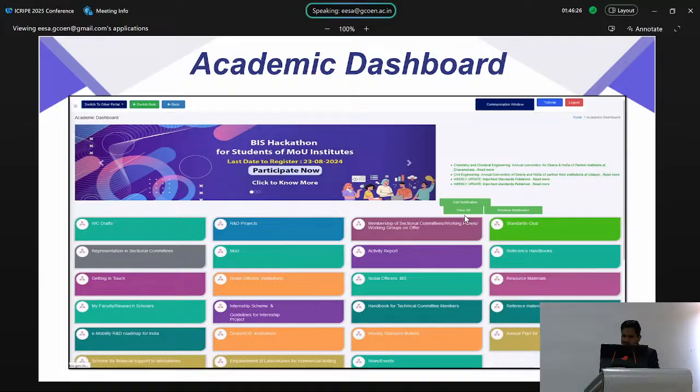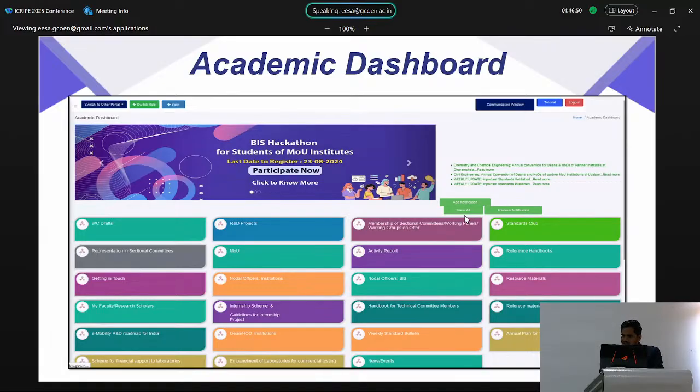Then R&D projects. This is the important topic, for all the students who are interested in carrying out R&D projects, their final year projects or their postgraduate projects, with BIS. The most important benefit will be regarding the funding, which will be completely given by BIS. That I will explain in detail in the next slide.